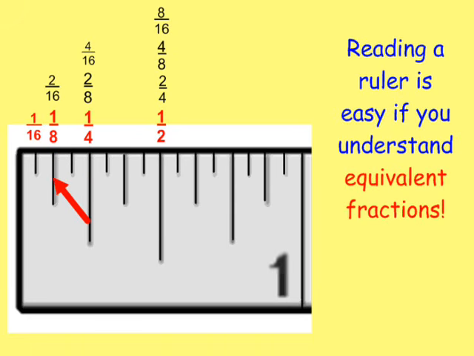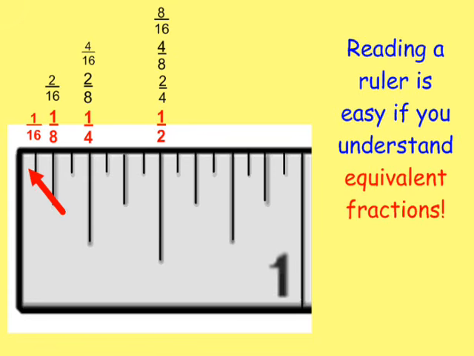This would be 1/8. This is actually 2/8 because this is 1/4 of an inch. 2/8 equals 1/4. This is 1/8, 2/8, 3/8, 4/8 because 4/8 is a half, 5/8, 6/8, 7/8.